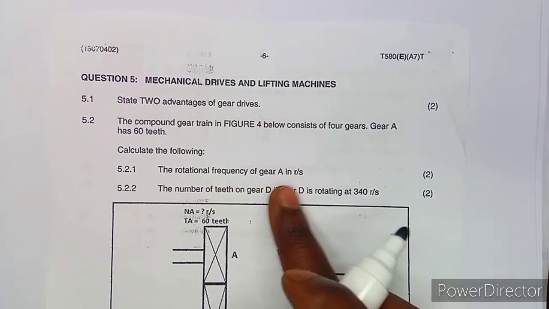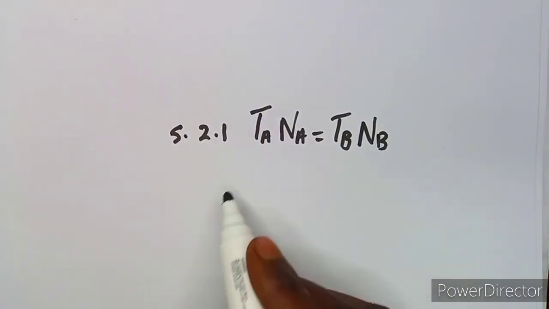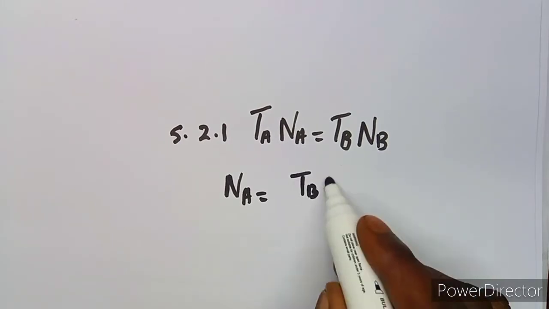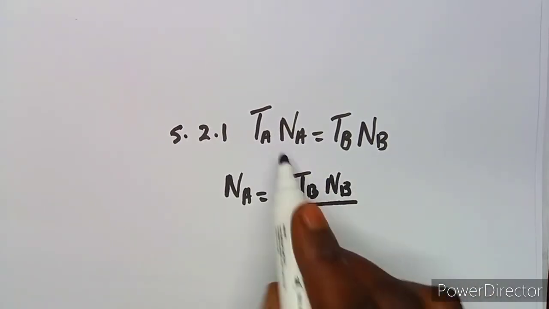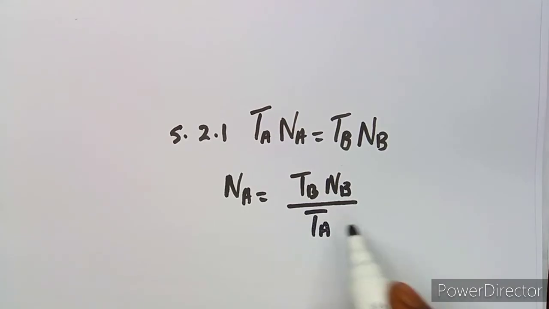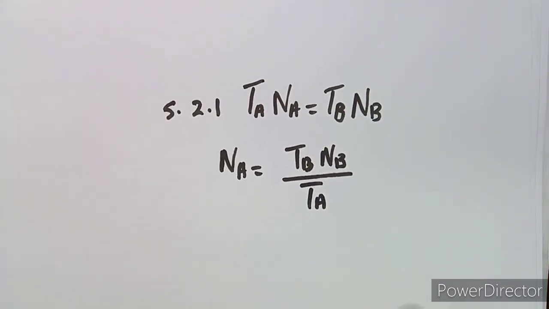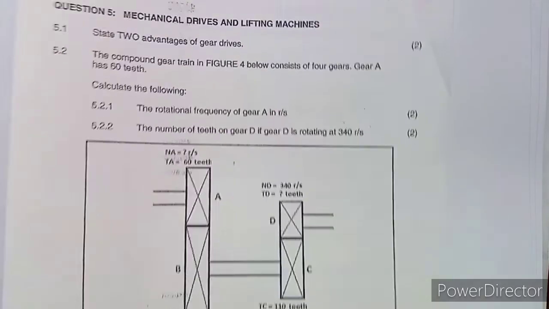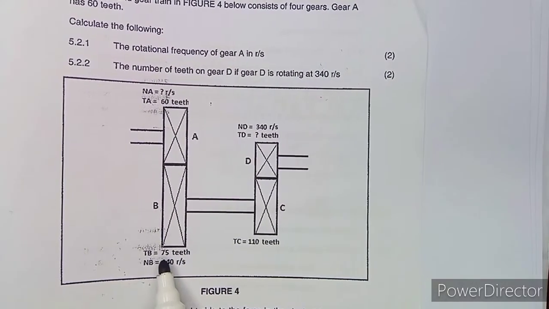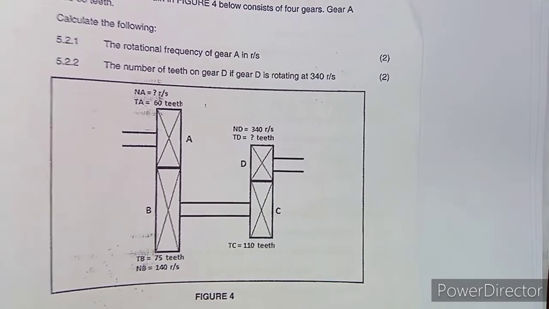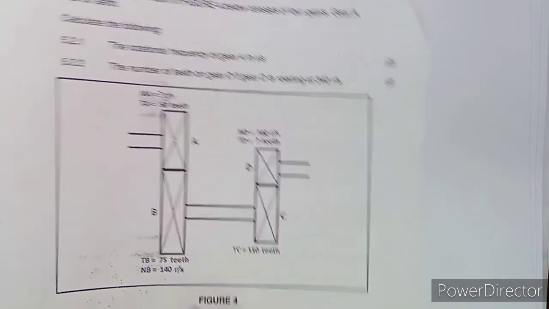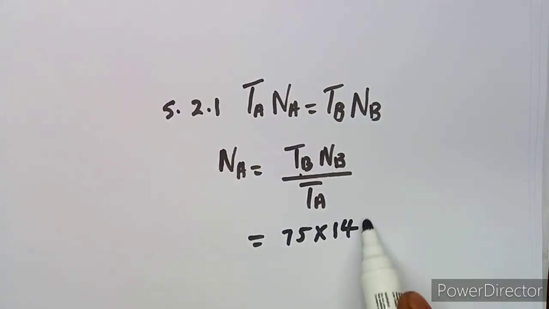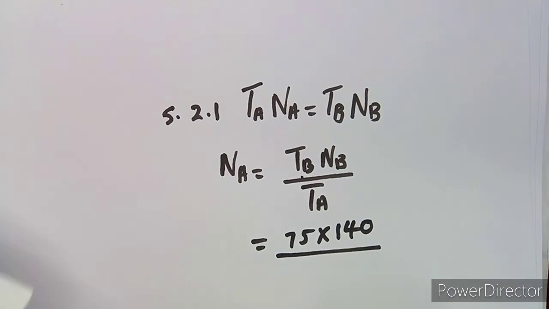So we need NA, you're just going to divide by TA. So our NA is going to be TB NB over TA. You divide by TA. So you just substitute into the formula there. TB, which is on B, we have got 75 teeth there. TB is 75, NB is 140. So it's 75 times 140 over TA.